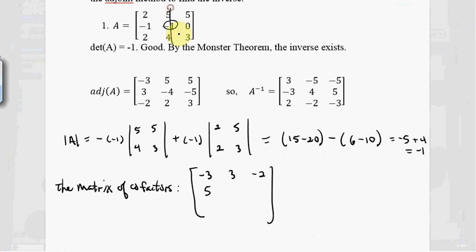Come to this position, delete this row and column. So this is 6 minus 10, which is -4. The sign out in front is positive, so it's just -4. Come to this position, delete its row and column. This is 8 minus 10, so that's -2. But the sign is negative in front, so -2 times -1 is +2.